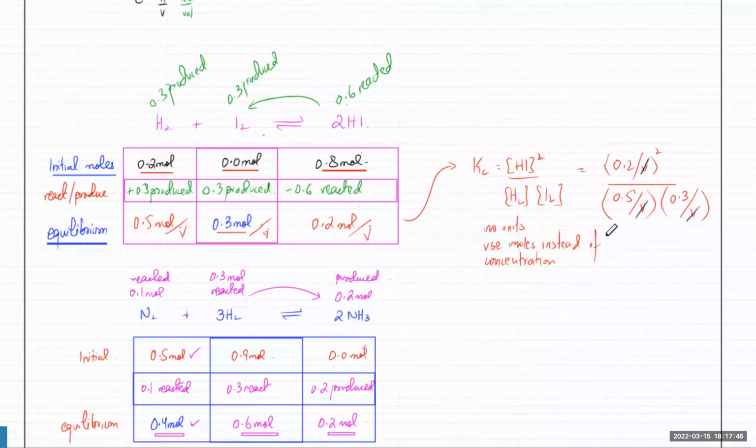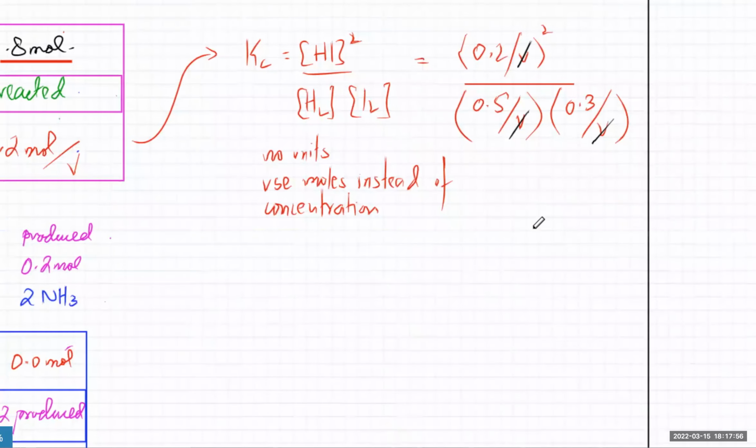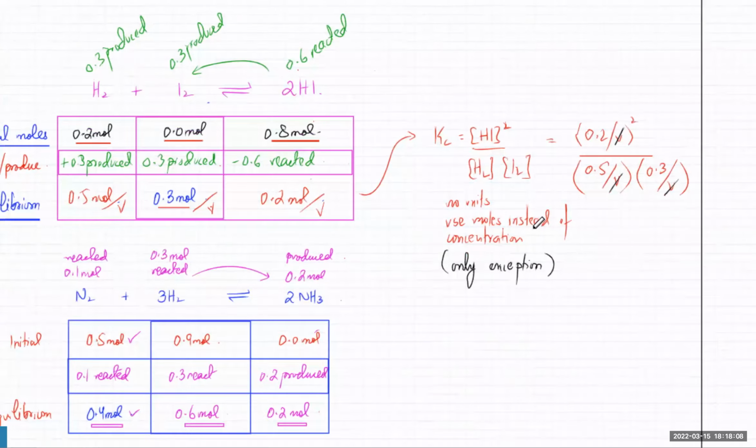That you'll just add an extra step. So use moles instead of concentration only in that case. That's the only exception. Is that clear? Otherwise, you would have to find concentration. Yes.